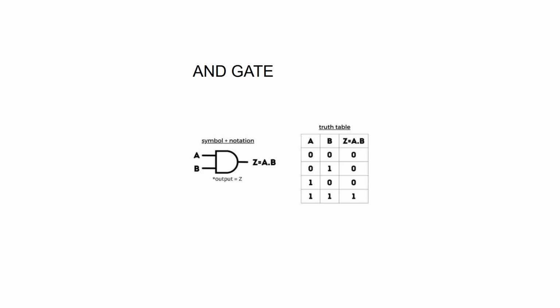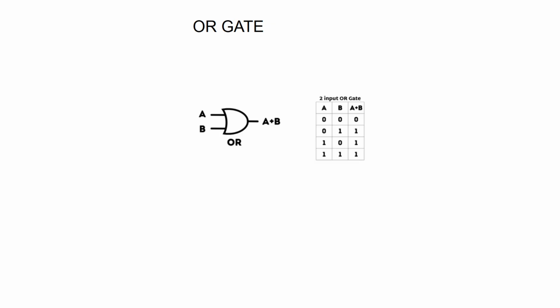If one of them is false, it becomes false. Only if both of them are true, then it becomes true. That's the AND gate. You can feel free to look more about it. It's really interesting.